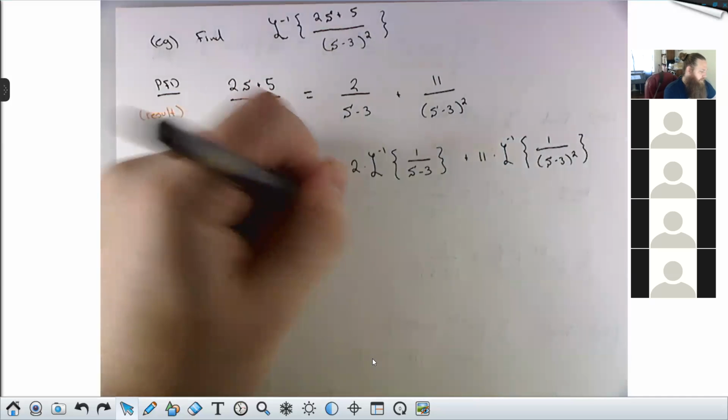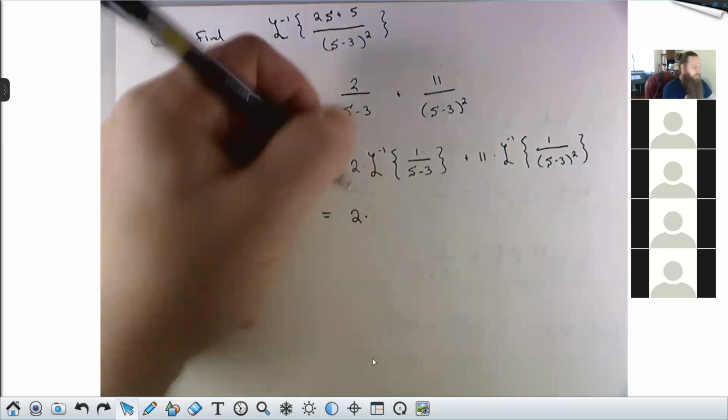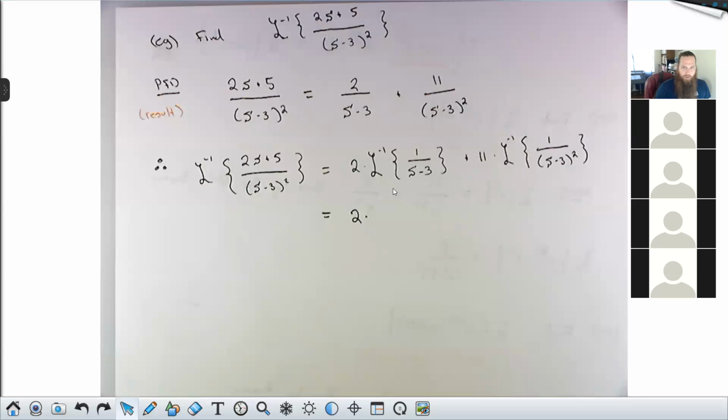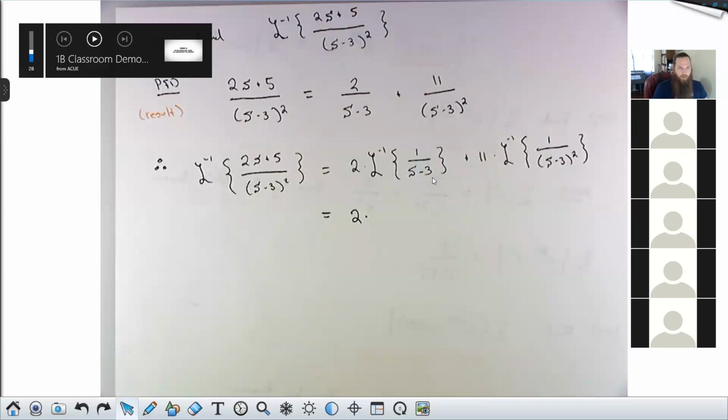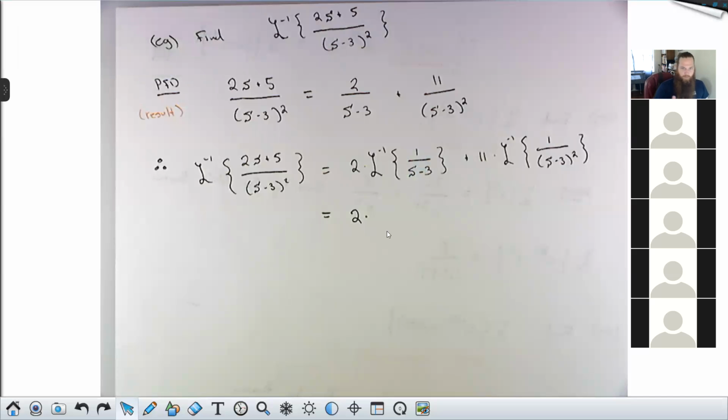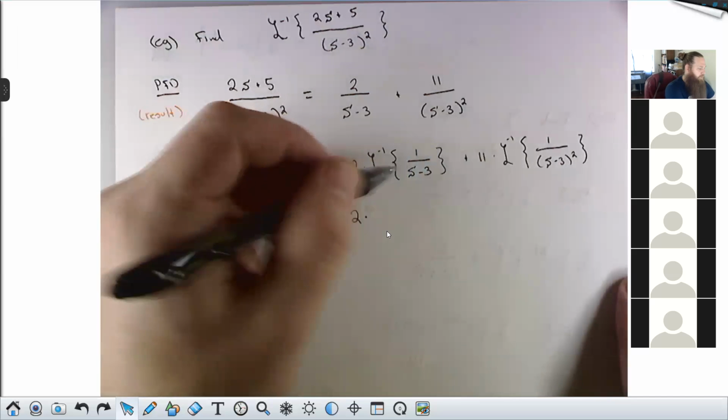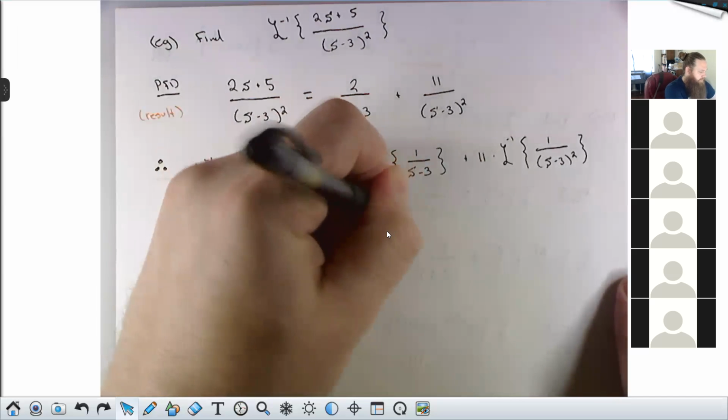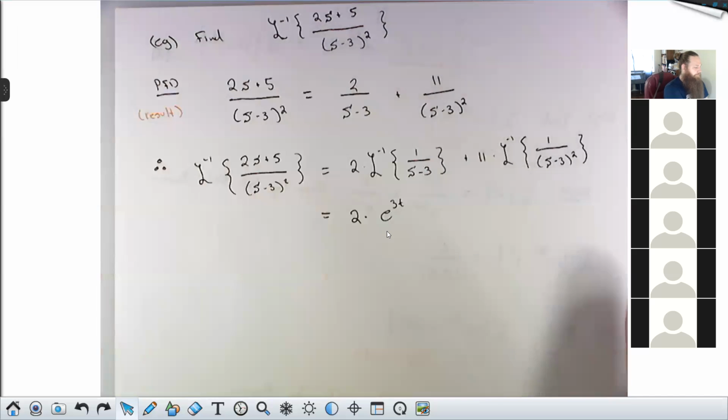This first piece is 2 times, what is the inverse Laplace transform of 1 over s minus 3? What is this the Laplace transform of? E to the 3t. Very good. Remember the Laplace transform of e to the at is 1 over s minus a. So the inverse Laplace transform of 1 over s minus 3 is e to the 3t.